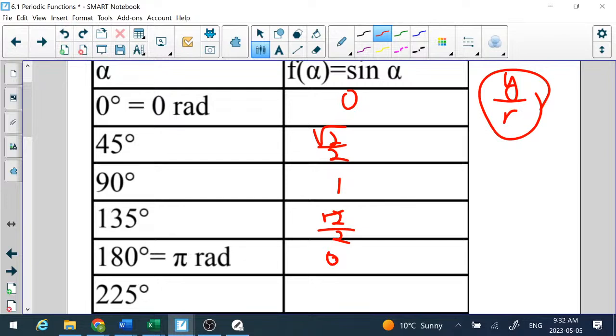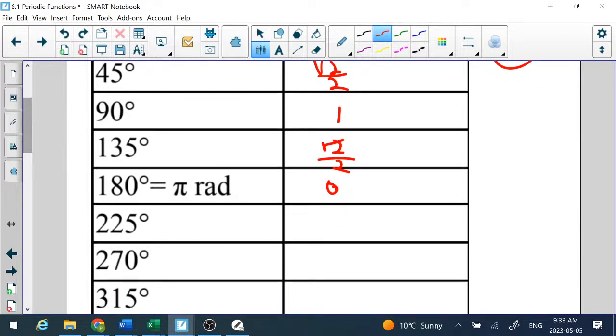Holly, you got the 225? What's the y coordinate at 225? Nice. Now 270. What's the y coordinate? Look at your circle. 270.